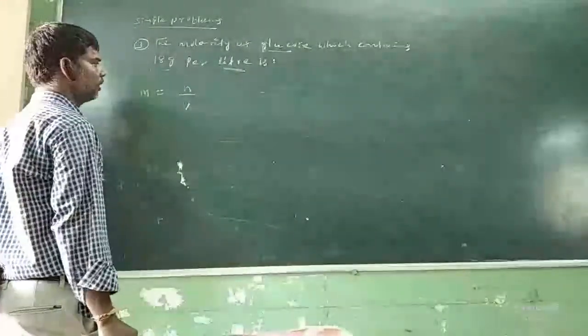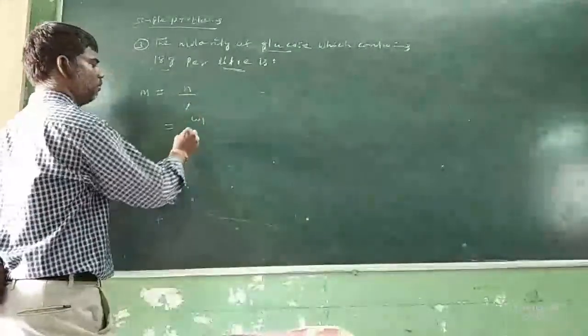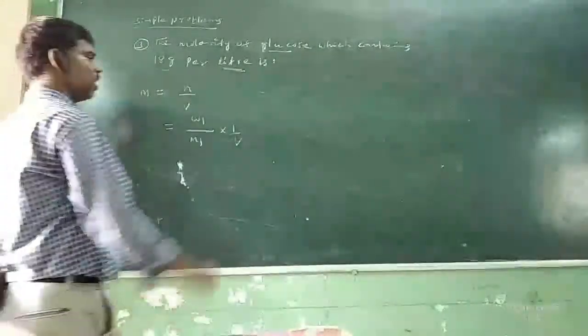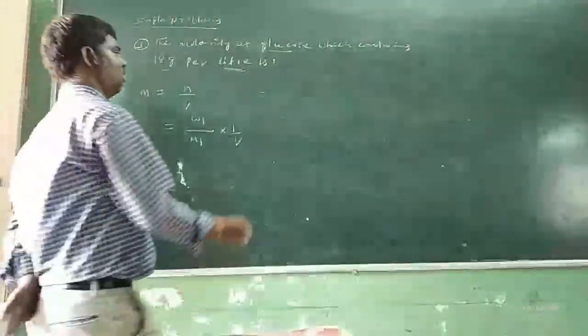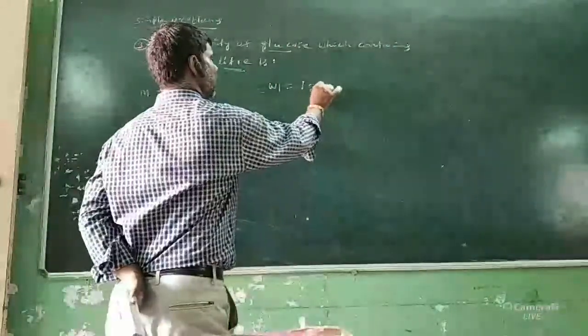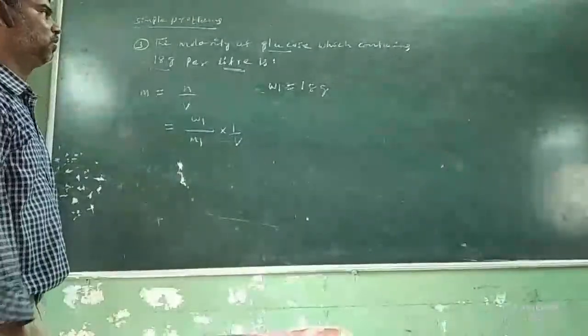The number of moles is equal to the weight of solute by gram molecular weight of solute, into 1 by V in liters. We are not representing it in 1000 by V, it should be in liters. Here the weight of solute W1 is equal to 18 grams.